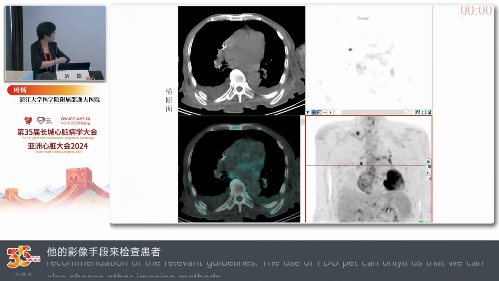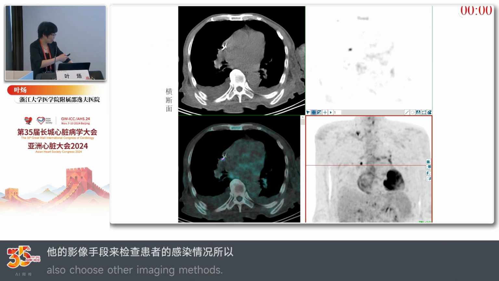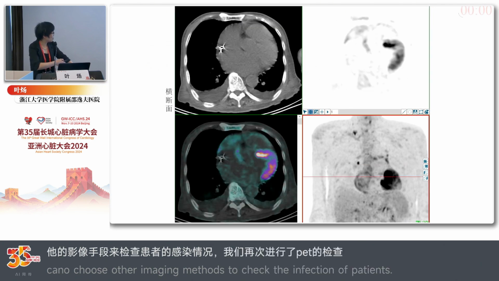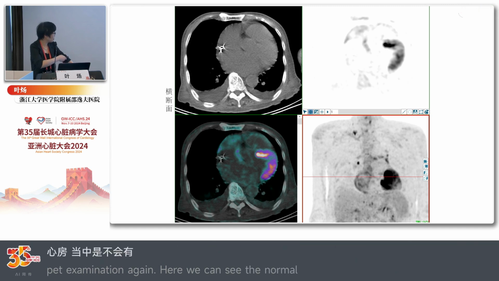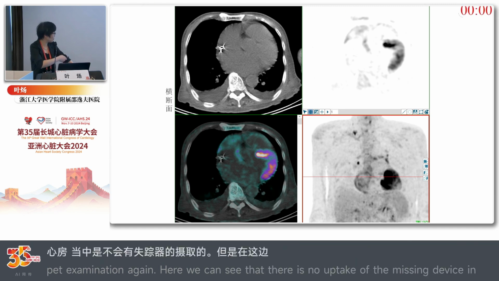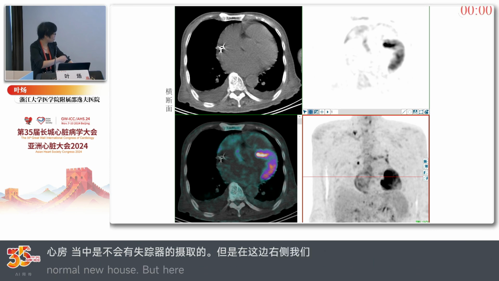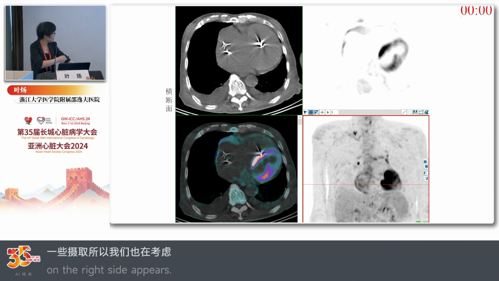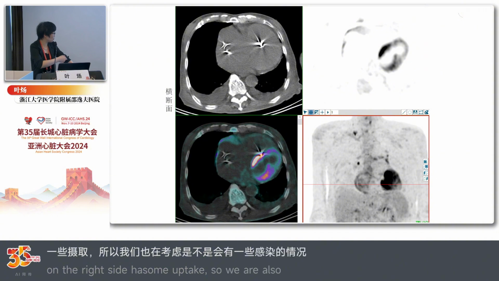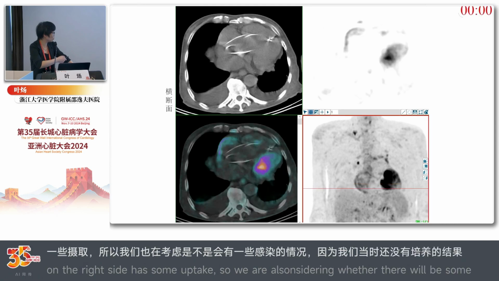So we did the PET again, and we found here, in the normal atrium there is no uptake of the tracer, but in this patient, the right atrial lead shows some uptake. So we wondered if there was some infection, because we didn't have the culture result at that moment. So we decided to wait for the culture result.